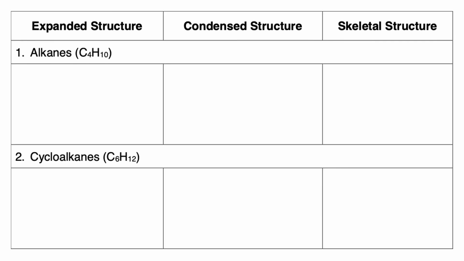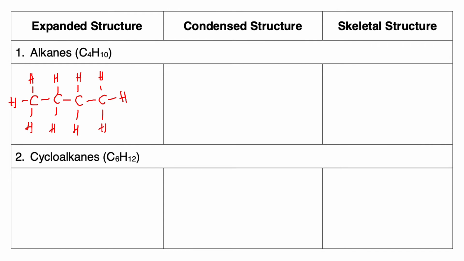Okay. So, let's take a look at some example. Contohnya kita ada C4H10. So, how are we going to draw the expanded structure? Kita mulakan dengan 4 carbon dulu. 1, 2, 3, 4. Then the hydrogens, 1 to 10.